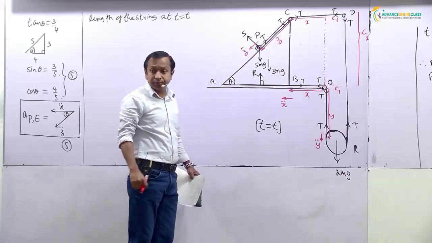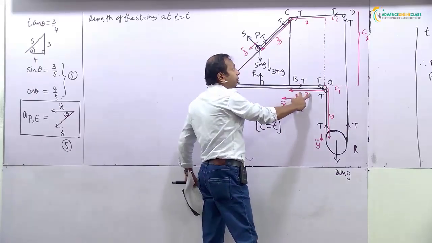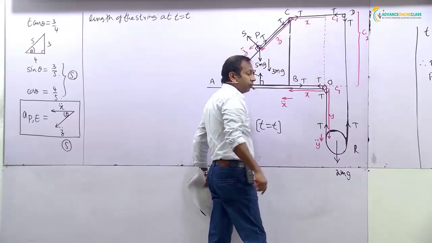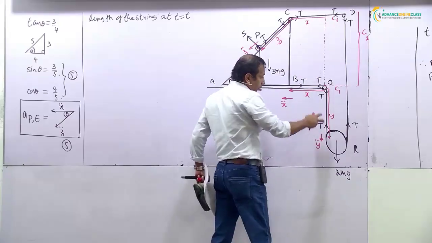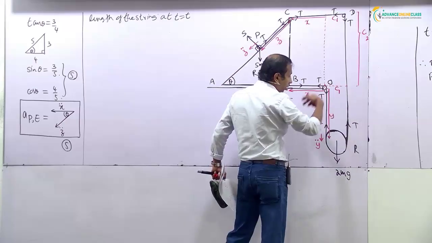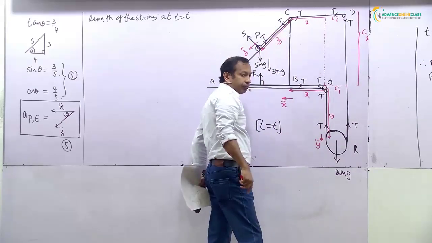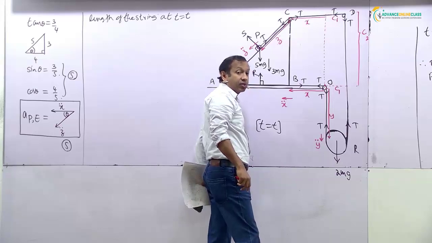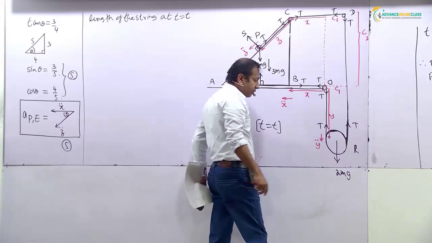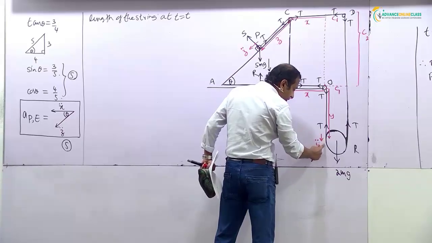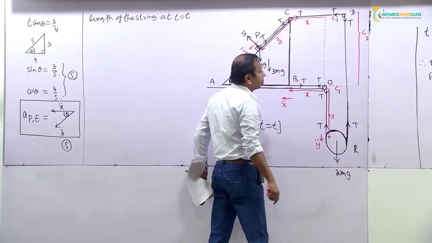Then what is the whole length? Here x, here x, 2x, here y, 2y, and here is z. And the rest are constants. What are the constants of the string? This semicircumference is a constant.